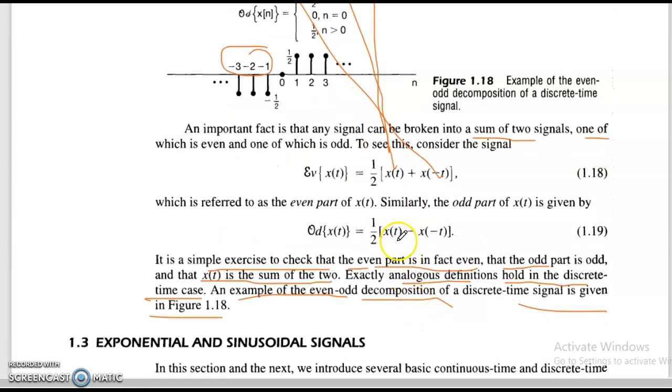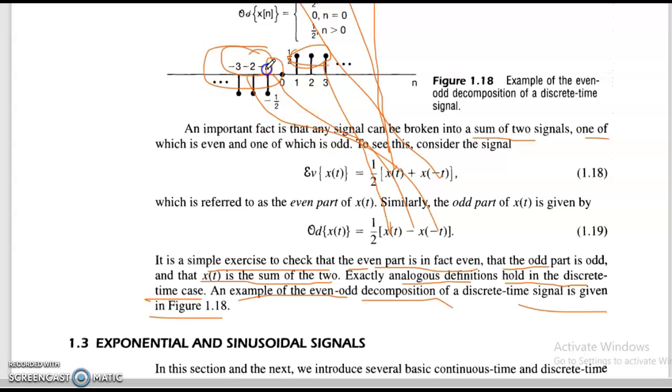Here in the odd signal, this is x of t, this is x also with minus, t also minus t, so minus x of minus t.